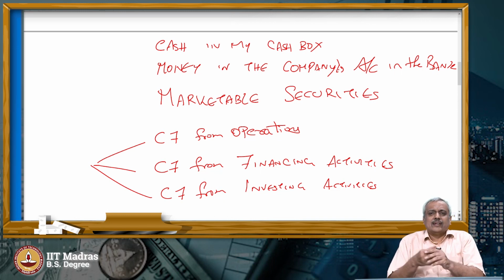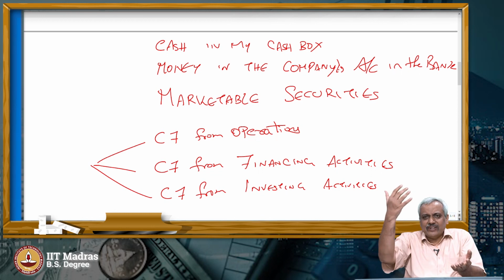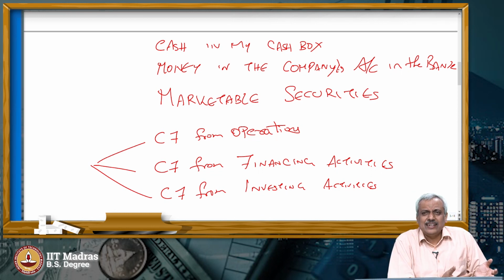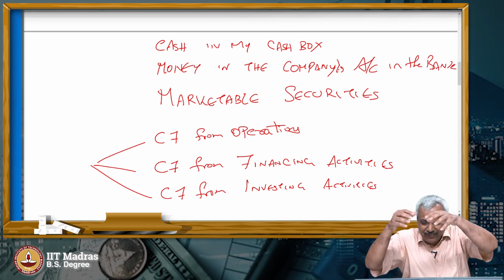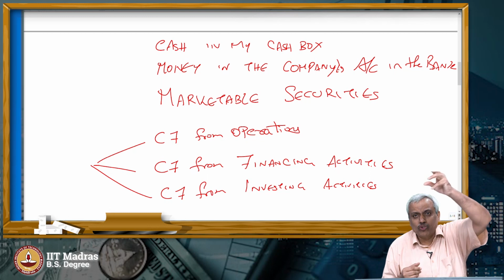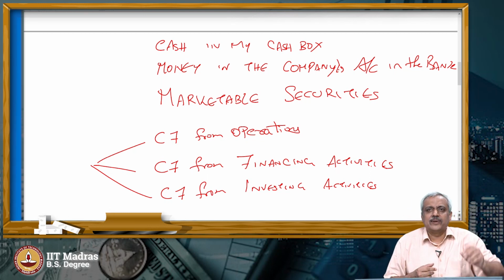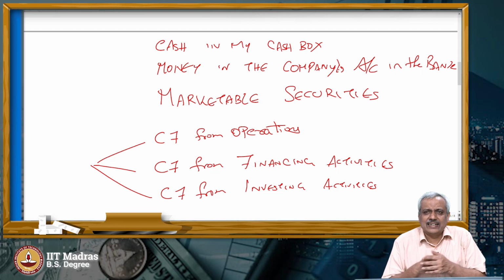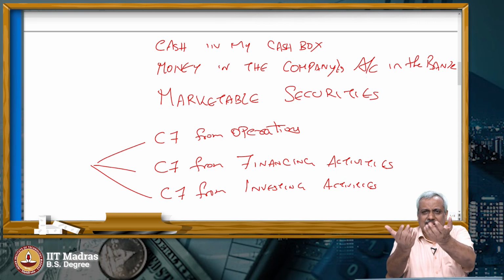So what happens? When we are spending money to buy a machinery, I am actually investing money in a particular activity. So there is a cash outflow because of an investing activity. The same machinery after 5 years has become scrap, and then I sell the machinery, and when I sell the machinery I get money.